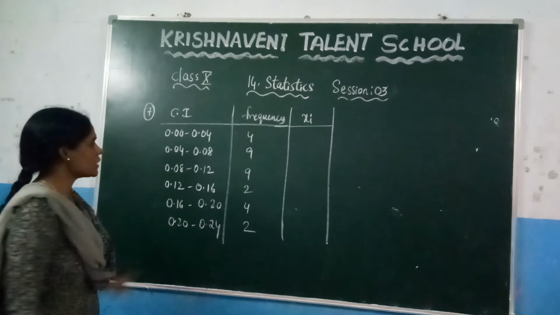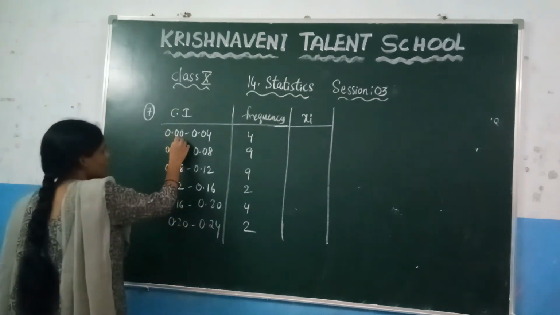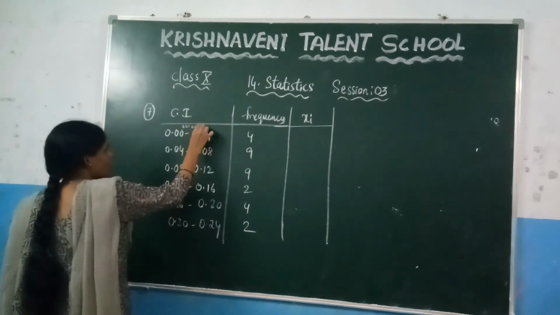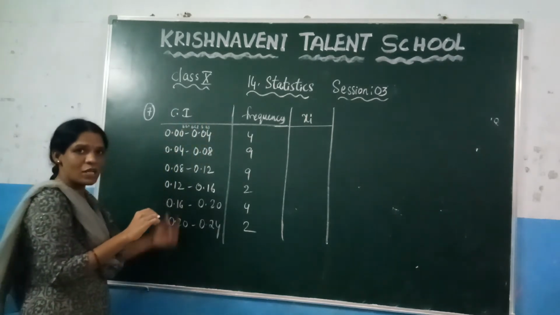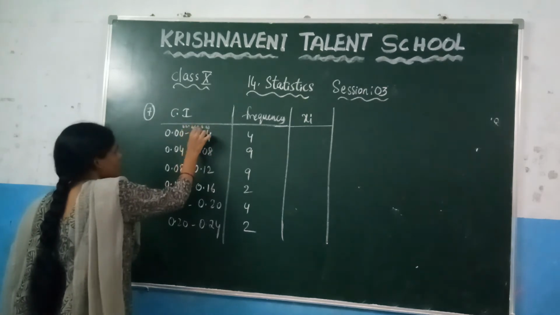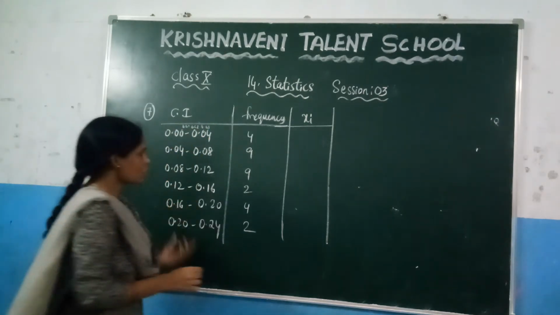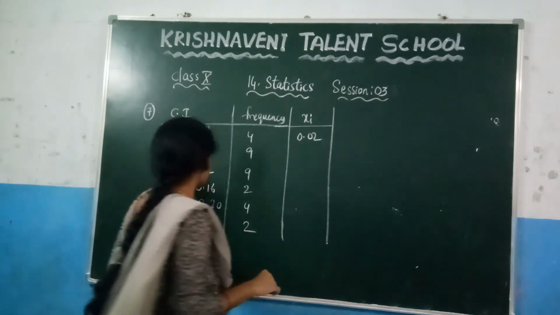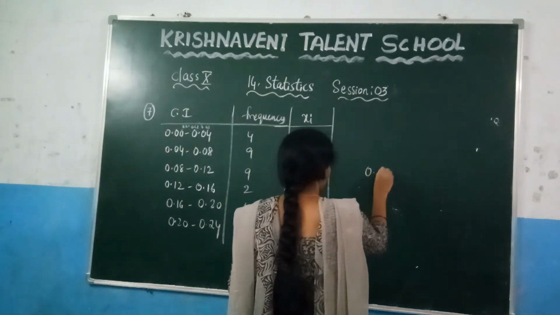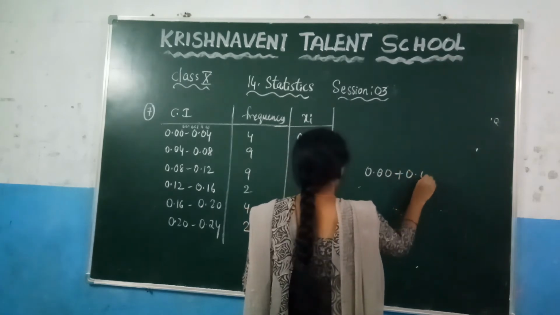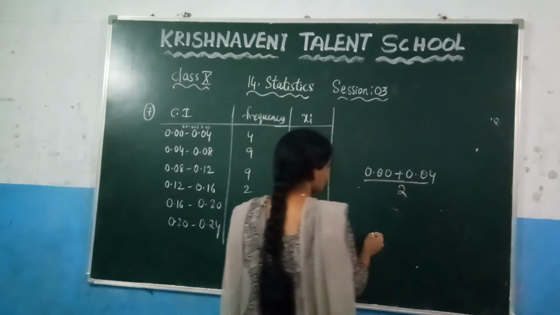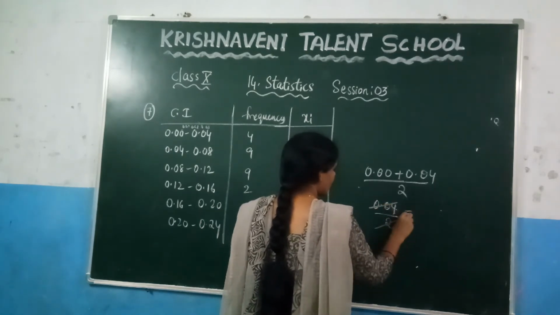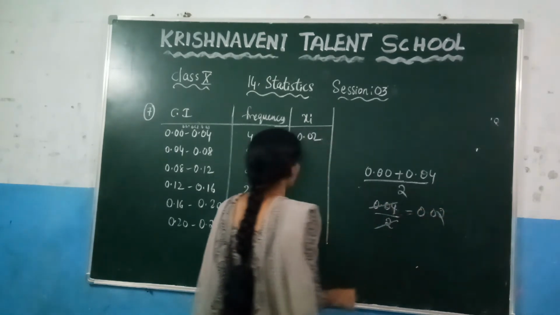Here you can observe what the middle term is. After 0.00 you will get 0.01, then 0.02, and after that 0.03. What is the middle term here? You can observe that 0.02 is the middle term. So directly you can write 0.02, or otherwise by using the formula, how do you calculate? 0.00 plus 0.04 by 2, which is 0.04 by 2, and it will give you 0.02.